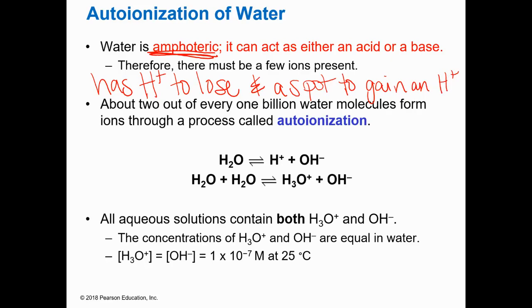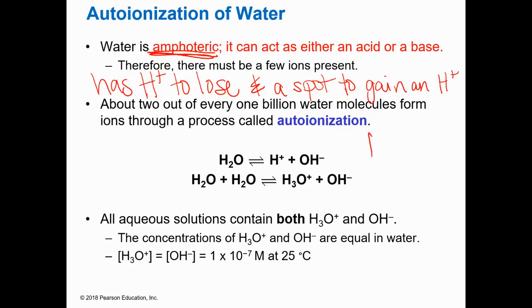So sometimes, and this is always a common question that's missed by my students, I ask which one of these is amphoteric or even which one of these is not amphoteric. But if it doesn't have any hydrogens, it can't be amphoteric because it has to have one to lose. And it has to have a spot to gain.